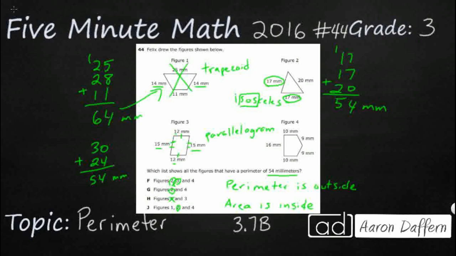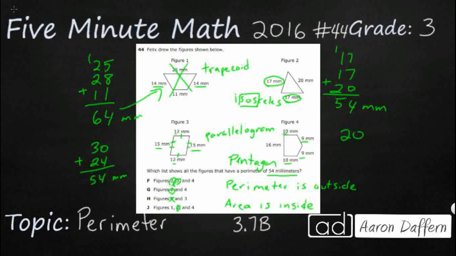So it looks like it's going to have to be F as our answer there, because you look, H includes figure 1, that's not going to work, and J doesn't even have 3, neither does G. So let's double check, see what figure 4 looks like. This is a pentagon. A pentagon is a 5-sided shape, and we can do some of this same stuff. Let's double up 10, that's 20.